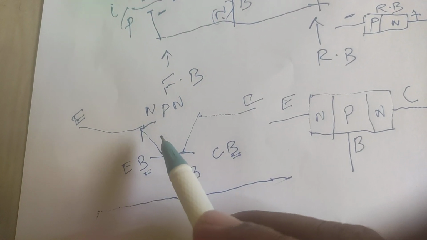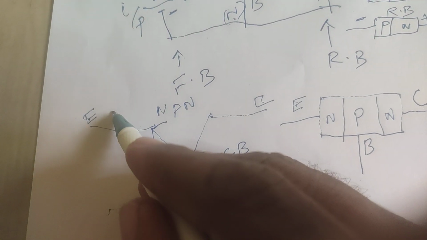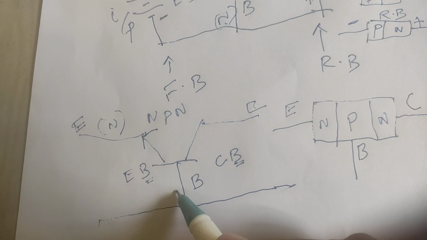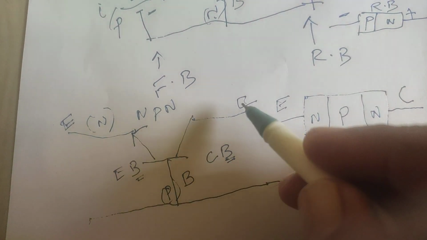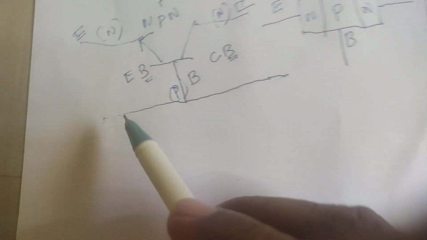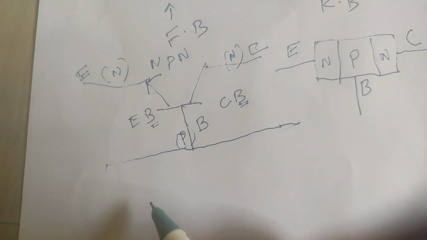So in an NPN transistor, the emitter terminal is N-type semiconductor, the base terminal is P-type semiconductor, the collector is N-type semiconductor. We have to make this arrangement an amplifier.